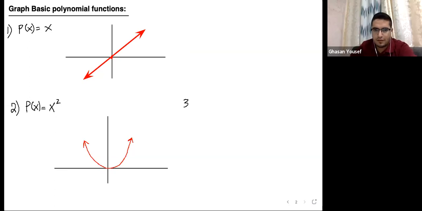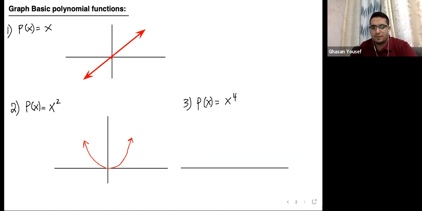Here number 3, b of x equal x to the power 4 has the same thing. A parabola, open upward. But the difference from x squared is that it's like it's shrinking, like it's closing to the 0, like this.